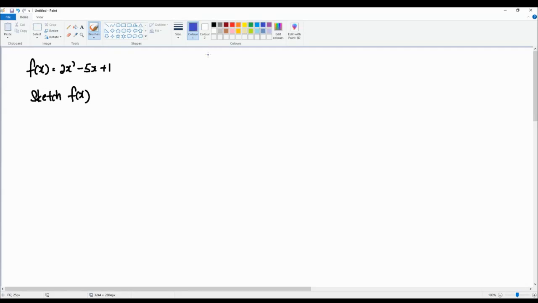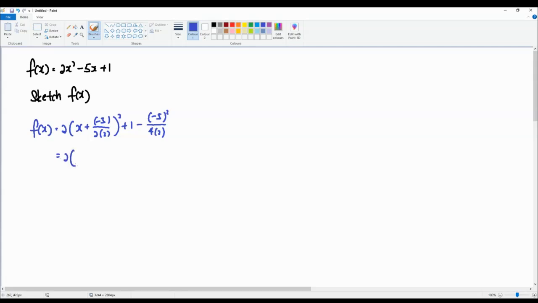So before I sketch f(x), I need to write f(x) in completing square form. So f(x) equal to 2 bracket x plus b over 2a close bracket squared plus c is 1 minus b squared over 4 times 2. That's the formula, right?